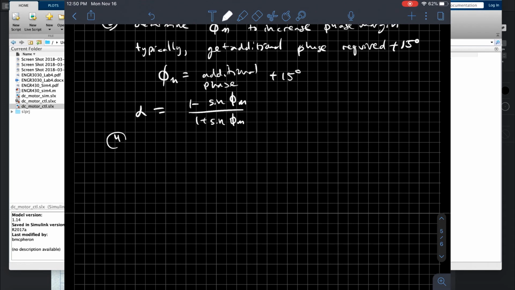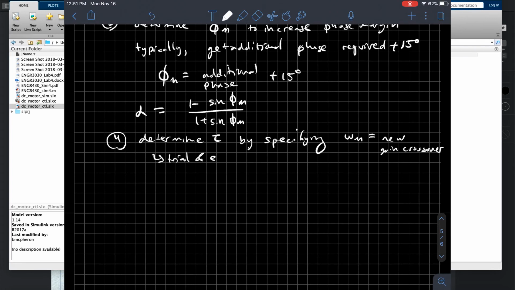Then step 4 is to determine tau from specifying omega m equal to the new gain crossover. This sometimes takes some trial and error, but notably tau is equal to 1 over omega m square root of alpha.